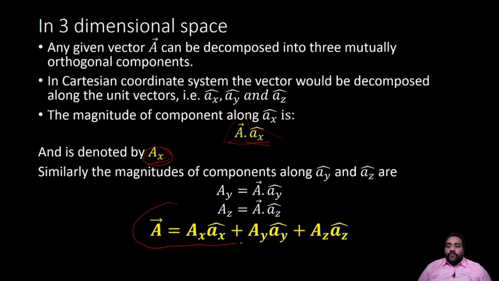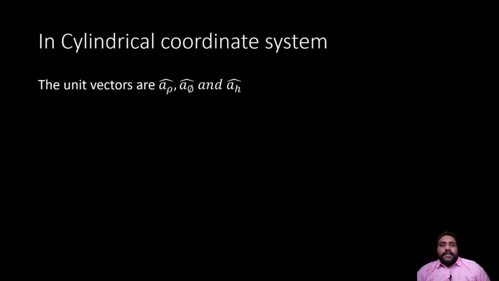This idea of representing a vector is much more important to us, as this is key in converting a vector from one coordinate system to another. Now, if we are discussing a cylindrical coordinate system, the unit vectors in cylindrical coordinate system are a rho cap, a phi cap, and a z cap.